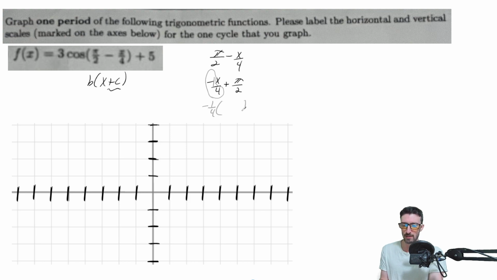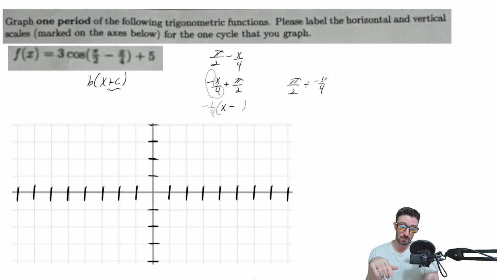That is getting factored out. And that way I can have my x plus, well, it turns out it's not going to be a plus. It's going to be minus whatever pi over 2 divided by negative 1/4 is.